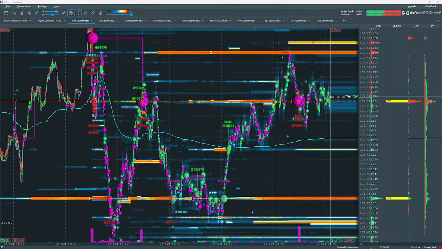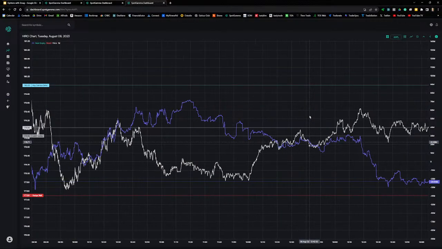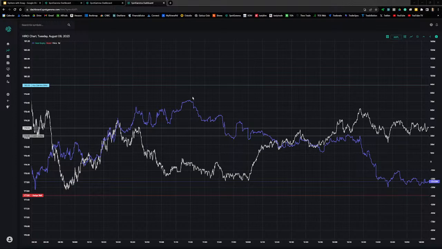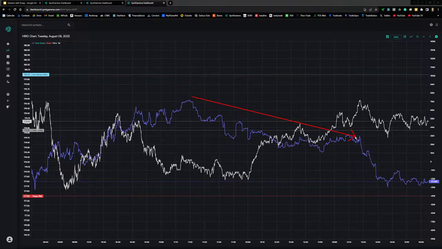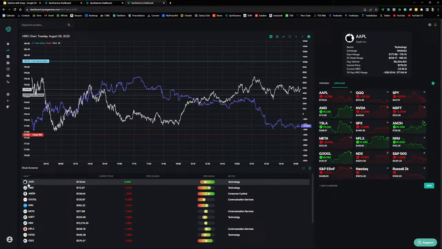Let's go take a look at Hero again. And this next long was not really confirmed by options traders as Hero continued after about 11:20 to move down. All right, so that is Apple.